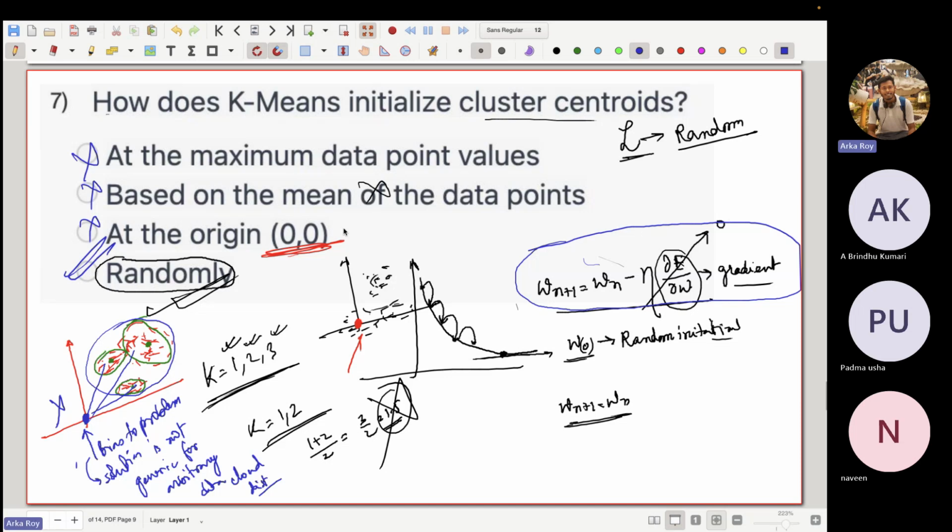In deep learning, certain specific initialization functions are also provided, but later on you will see what those initialization functions are.